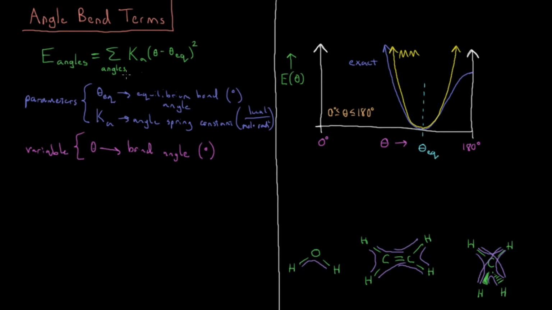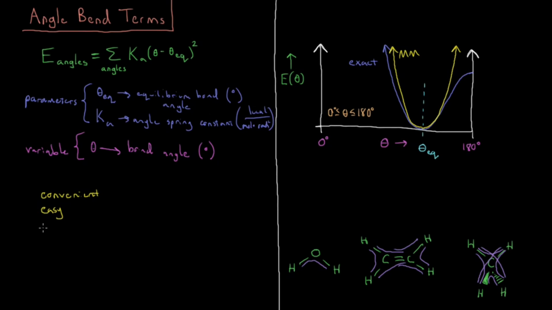Okay, so we have the same origins as bonds in the fact that this potential energy function is convenient. It's very easy to derive. It's very easy to get for pretty much any bond angle you're interested in, in any system. It's easy to compute. There's just algebra: subtract this, square it, multiply it, sum over all the things.